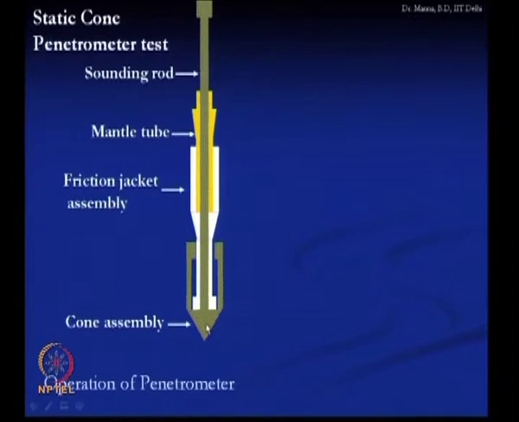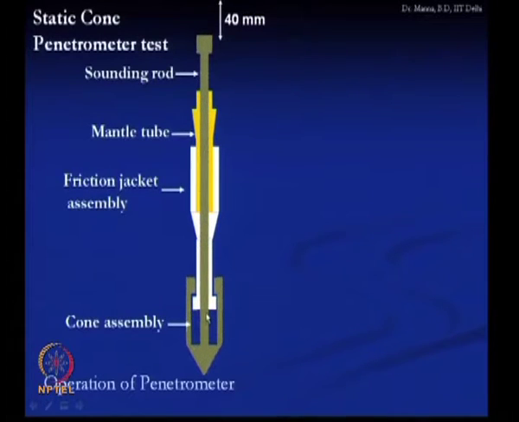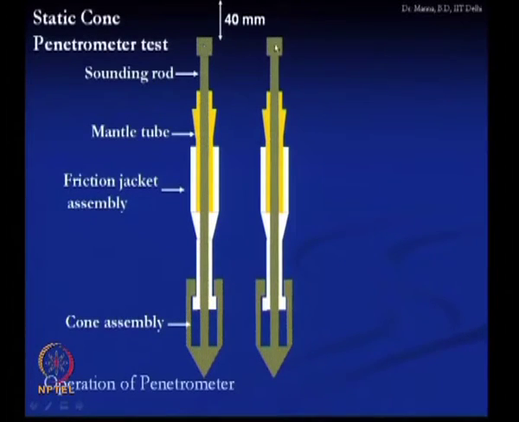In the second stage, with the help of the sounding rod, only this cone assembly is pushed up to a depth of 40 millimeter, and we can determine the force coming due to the cone resistance. Then, if we know the base area, we can determine the cone resistance from this stage.